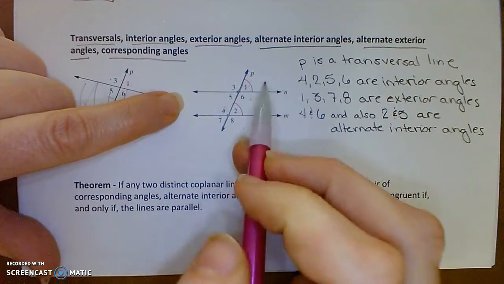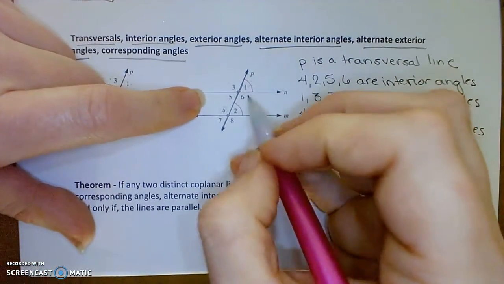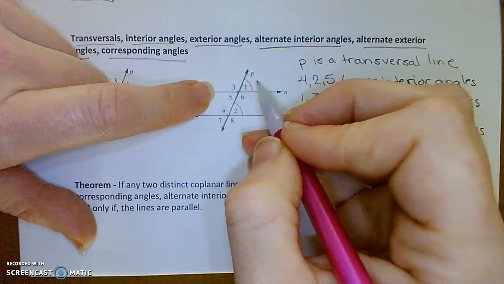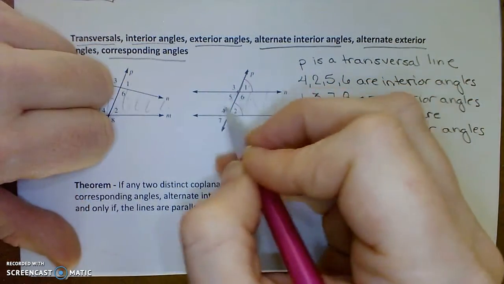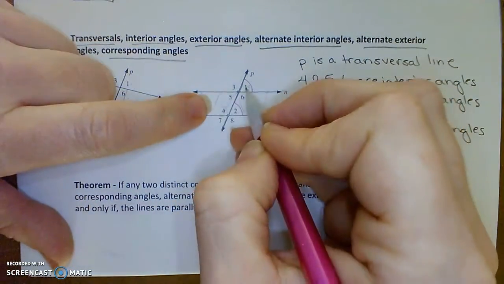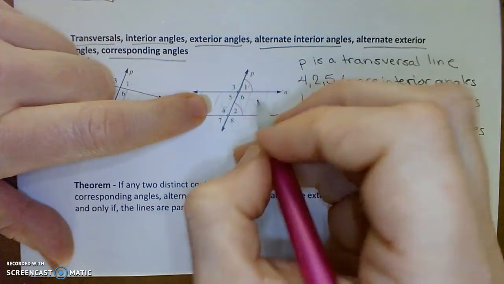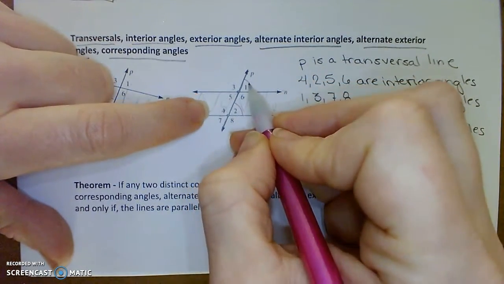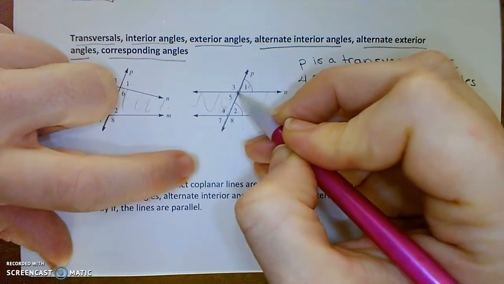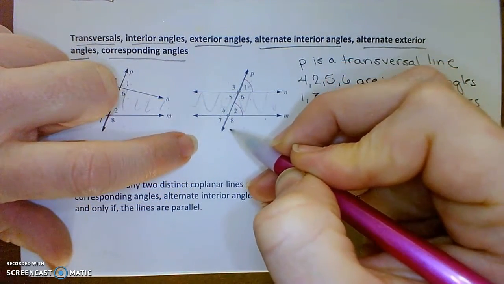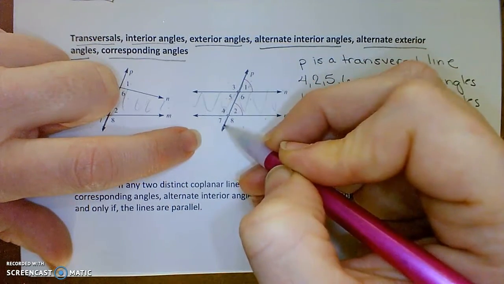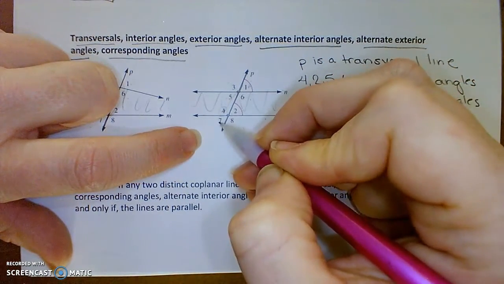Now let's discuss the alternate exterior angles. This would be a pair of angles that are exterior, so they're not on the interior of the space made by the two lines, and they're on opposite sides of the transversal. So the alternate exterior pair for 1 would be made down on the other side of this figure, on the other side of the transversal.